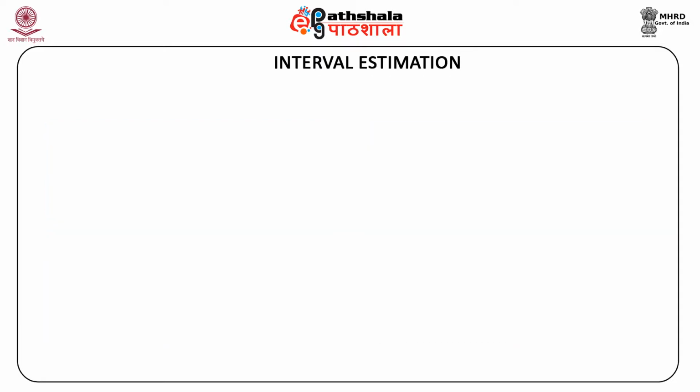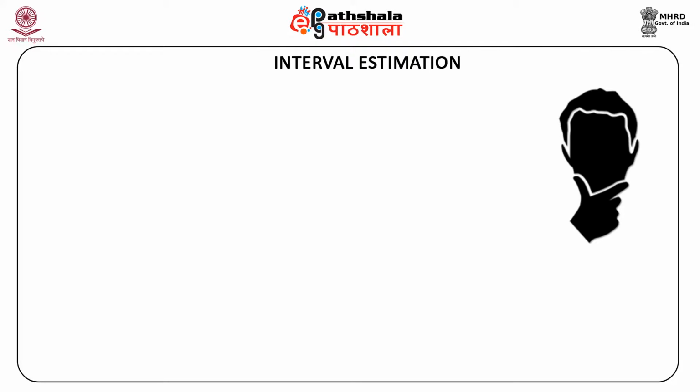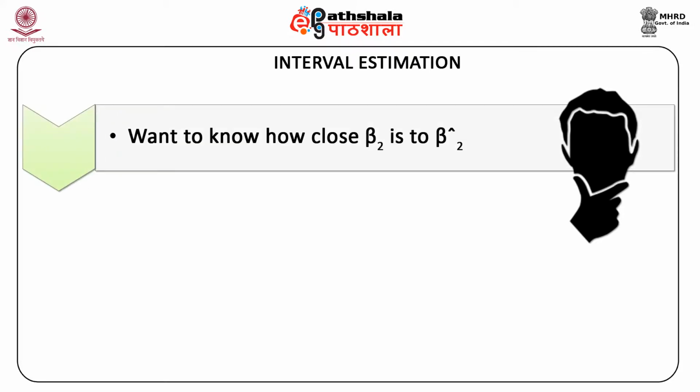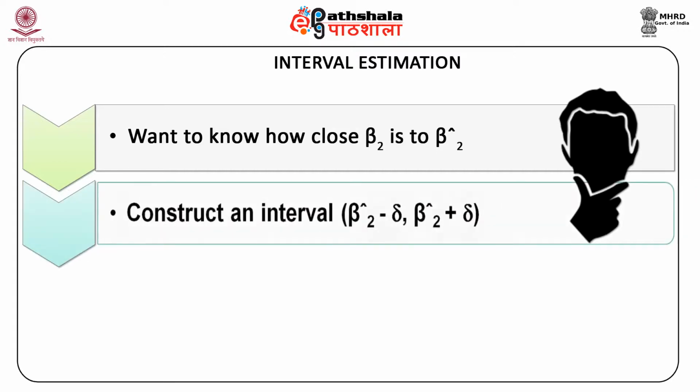Before coming to constructing interval estimates of beta 1 and beta 2, let us have some idea of the basic terms. Suppose we want to know how close beta hat 2 is to beta 2. We construct an interval (beta hat 2 minus delta, beta hat 2 plus delta) such that it contains the true beta 2 with probability 1 minus alpha.